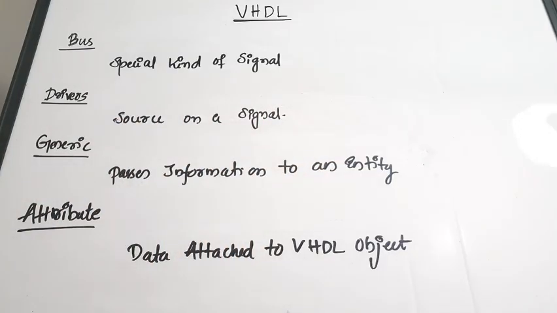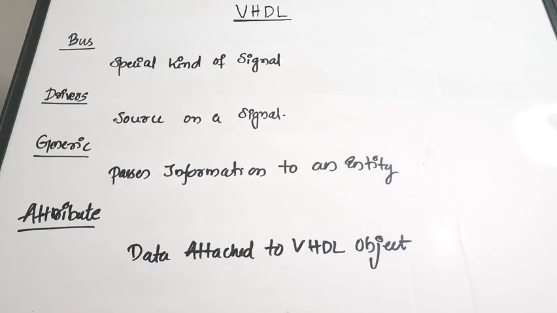Next term is generic. A generic is a VHDL term for a parameter that passes information to an entity. If a VHDL parameter is passing some information to an entity, we call it a generic. Now, what is an attribute?